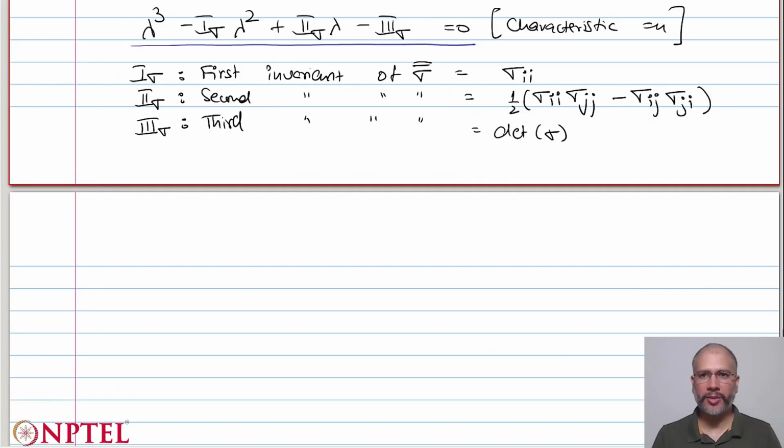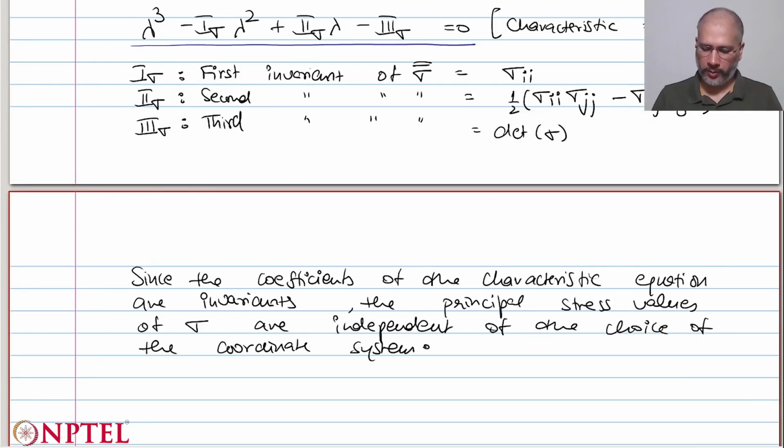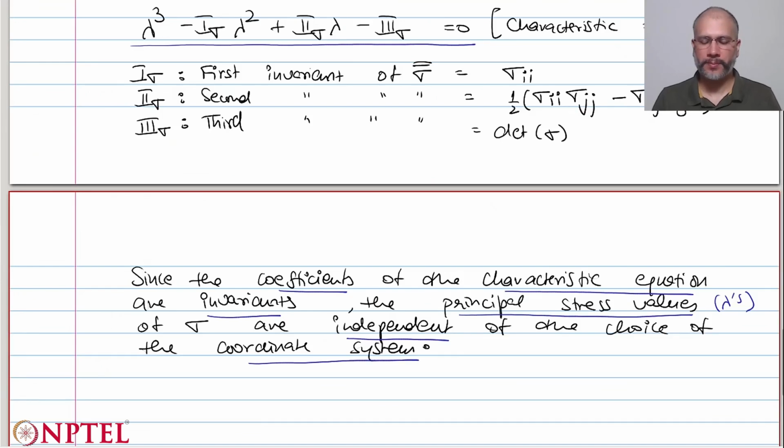So this means that the principal stress values, that is lambda 1, lambda 2 and lambda 3, are all the same irrespective of the choice of my coordinate system. Let's write it down. So the coefficients are invariants in the characteristic equation. So the principal stress values, that is the lambdas, are independent of the choice of the coordinate system.